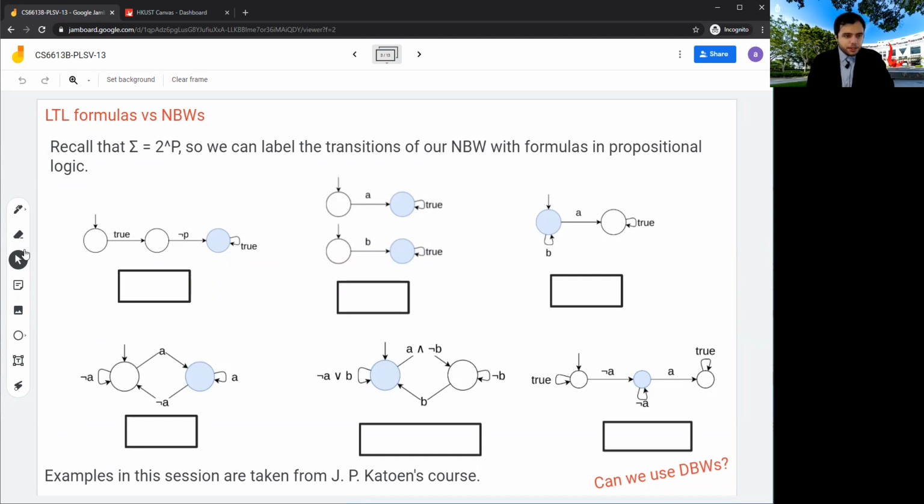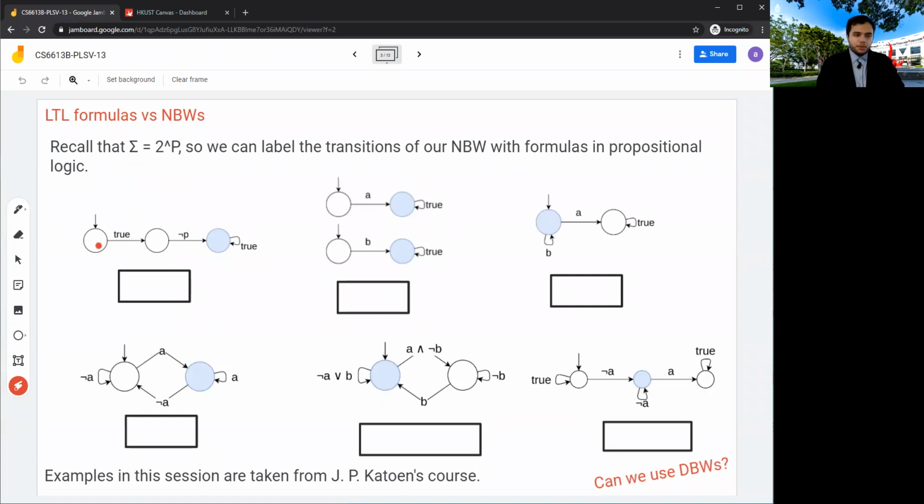So let's do an exercise here and write LTL formulas for this automaton. Consider this automaton as a non-deterministic Büchi automaton. Because my alphabet is 2 to the power of P, instead of just writing letters of the alphabet, I can actually write propositional formulas on my edges.